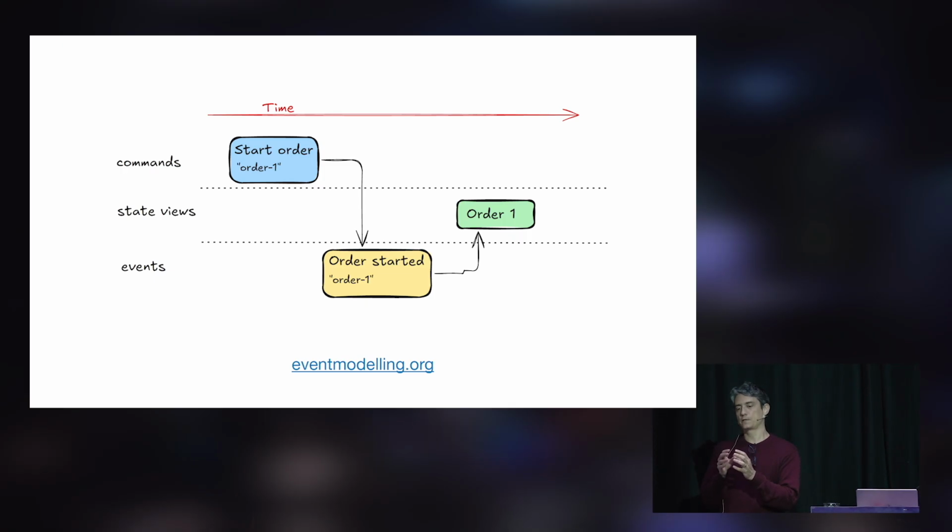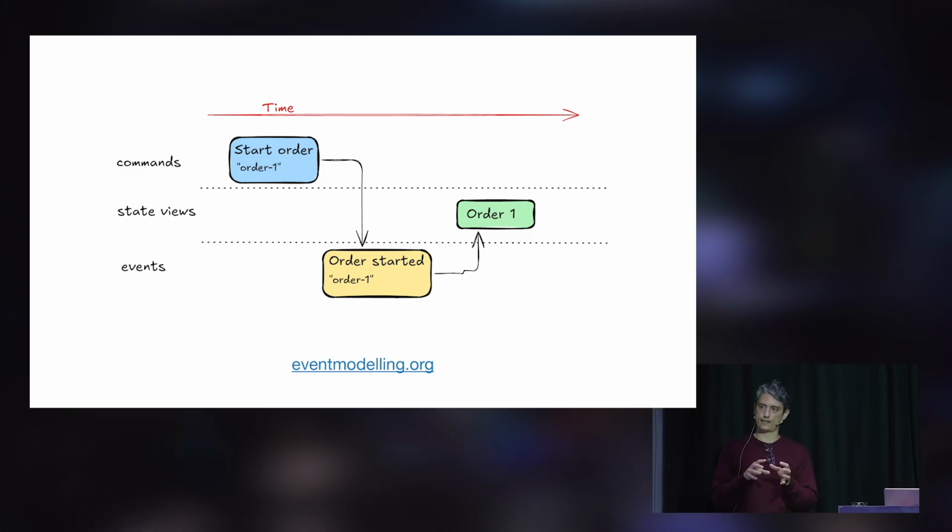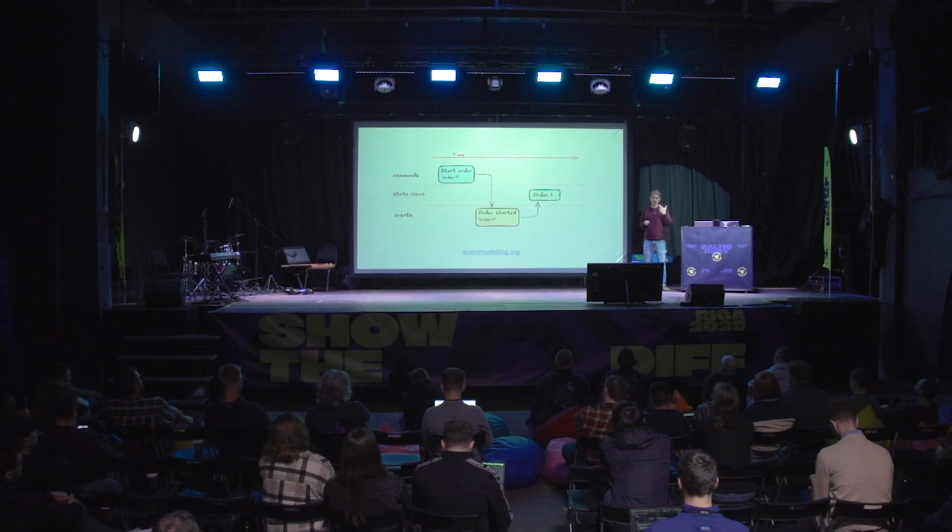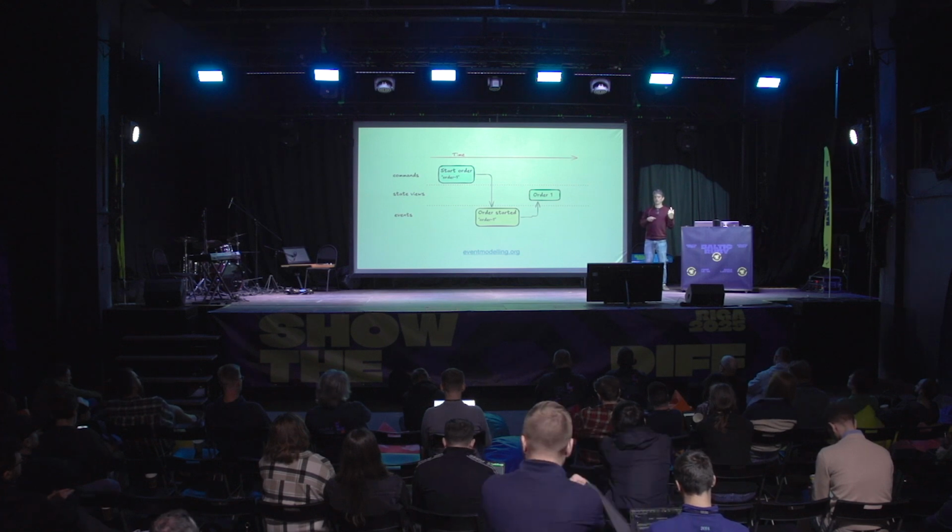But now, how do we actually get to the current state of an entity in the domain? For example, the current state of an order, right? So we basically look at those events, those facts that happened, and we use the data in those different events to reconstitute the current state of whatever the entity is. So here we had the command, and the command carried with it an order ID attribute, order 1. We pass that on to the resulting event.